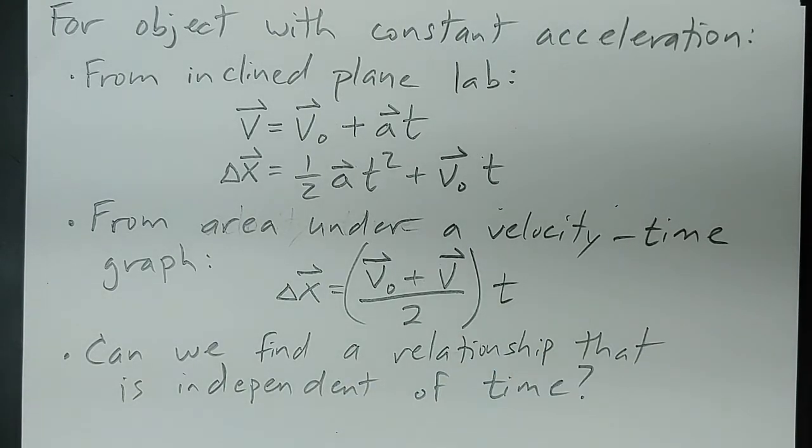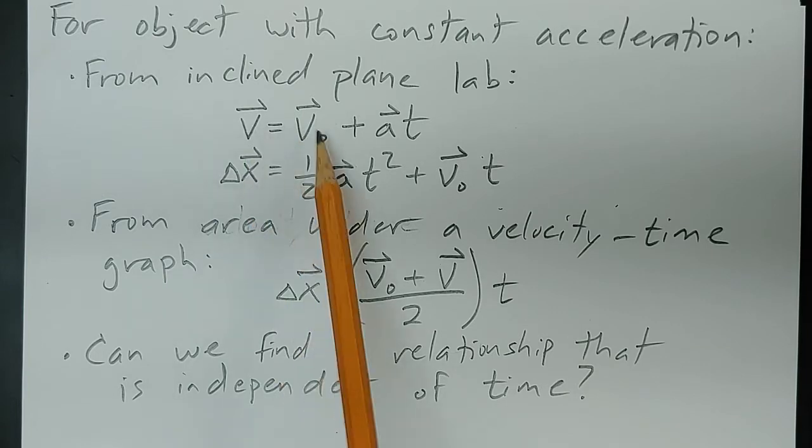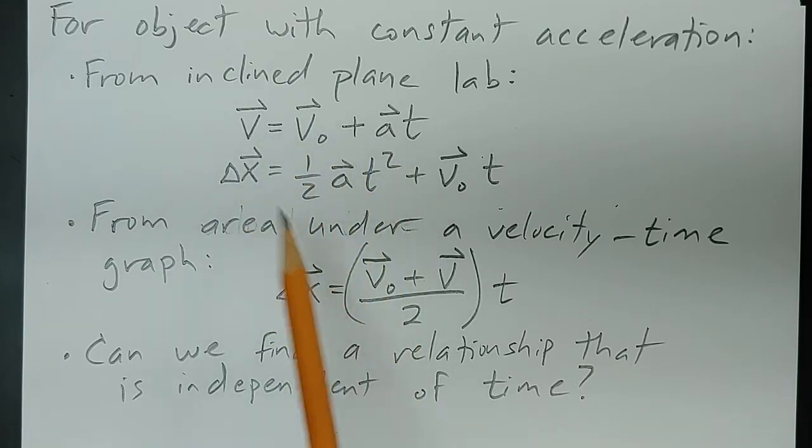All of these equations have time in them, which is great if you know the time or you're trying to find the time, but you could potentially run into a situation where you have the other 4 things. You know the initial velocity, the final velocity, the acceleration. You want to know the displacement. You don't know the time, and you don't care about the time. And so we'd like to be able to come up with an equation that would let us just solve that directly.